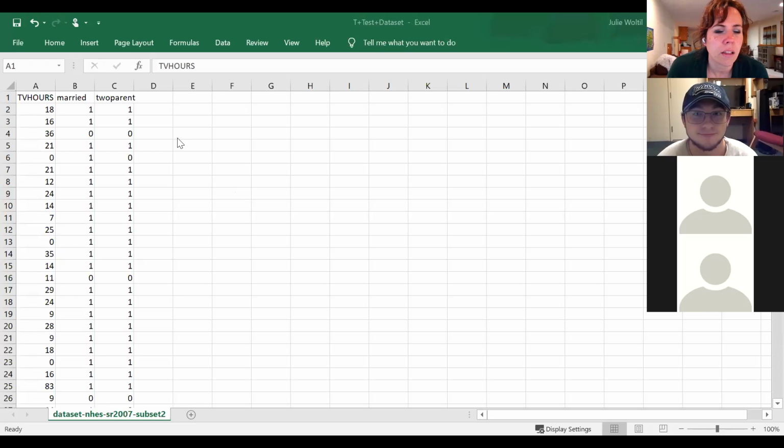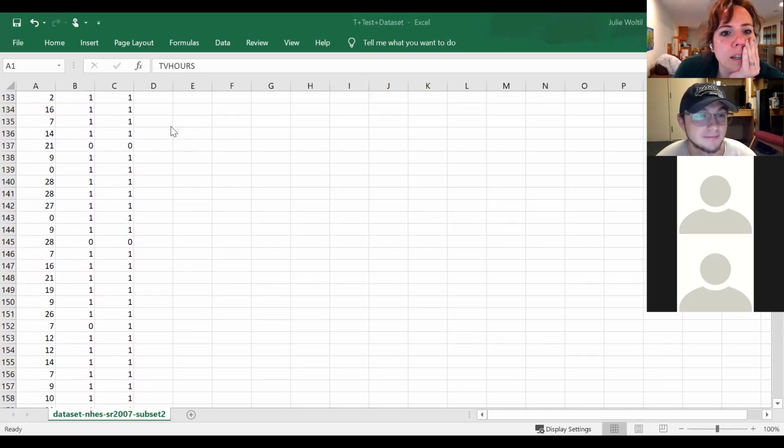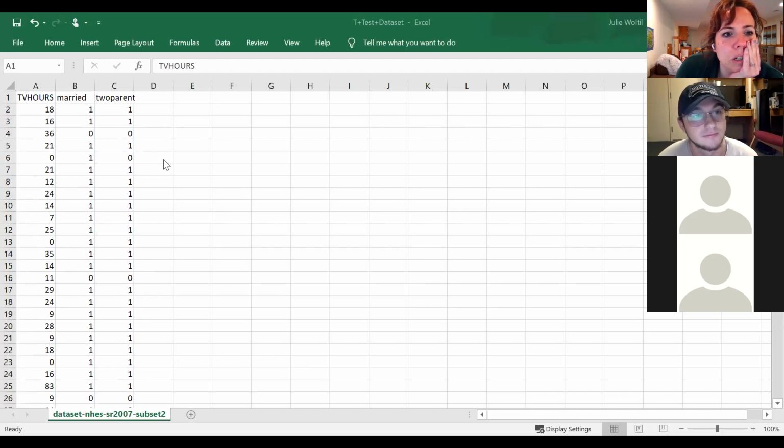Now let me see if I can find my other Excel sheet that has my data set. We could use this one. I don't think that's the one I had open, but this could work.